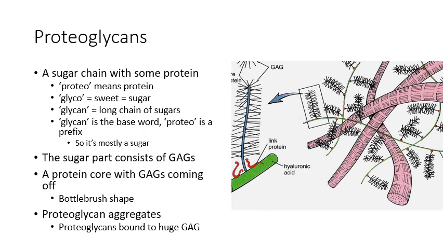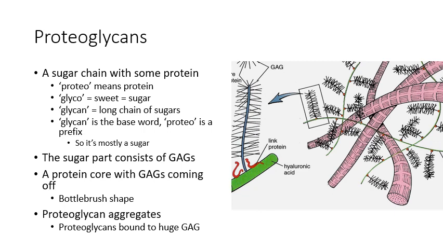So proteoglycan must be a long chain of sugars with some protein attached to it. So it's mostly sugar with a little bit of protein stuck on.